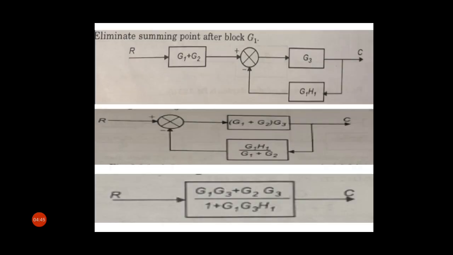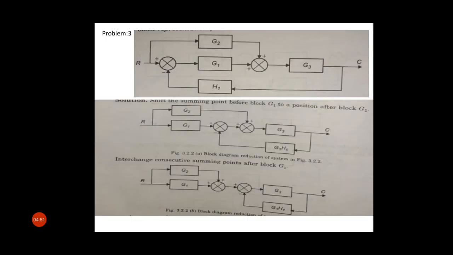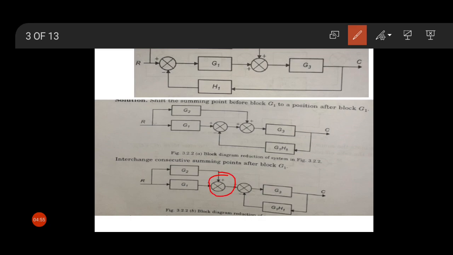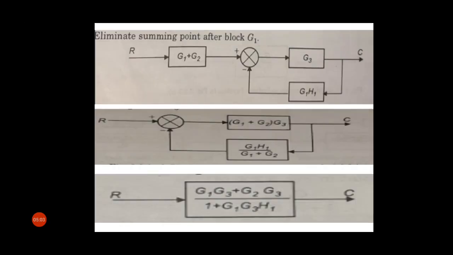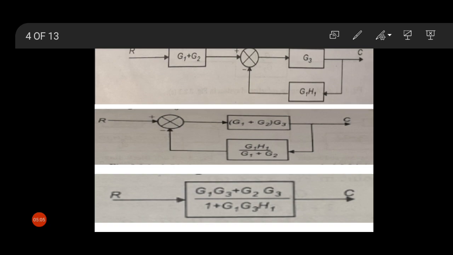Now eliminating the summing point after block G1, these two gains are added, so we get this. After that, we shift this summing point from here to here.